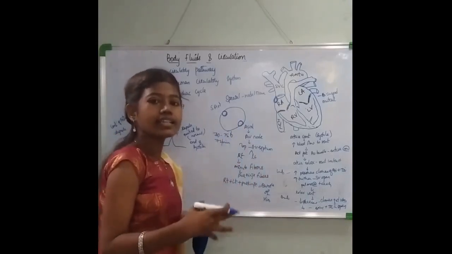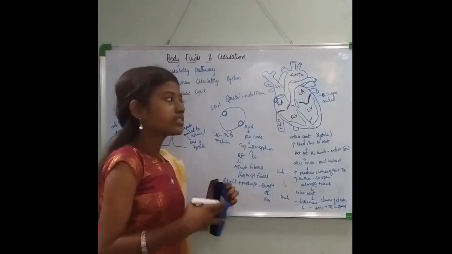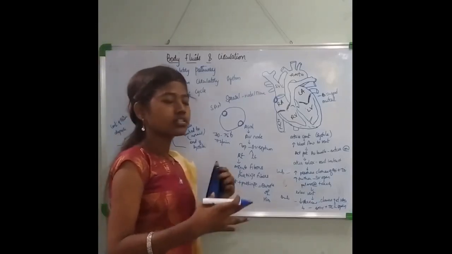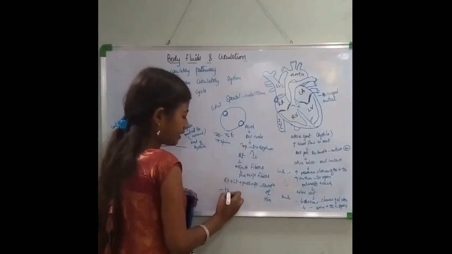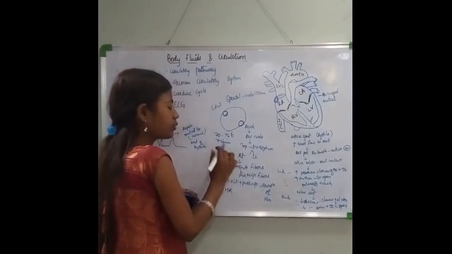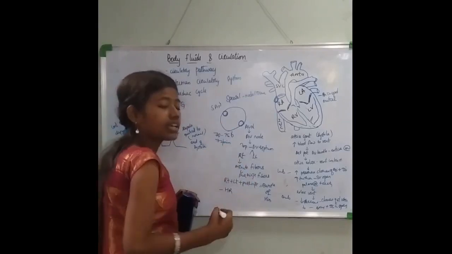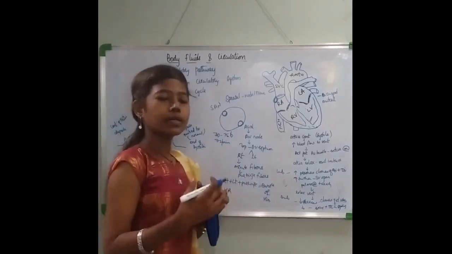Now your body has the ability to alter the cardiac rate or the stroke volume. Now there is something called the heart rate. This average of 72 is called the heart rate, which is 72 beats per minute.